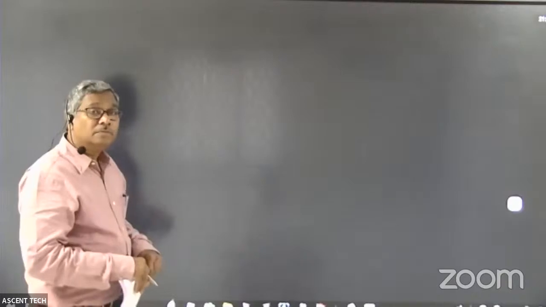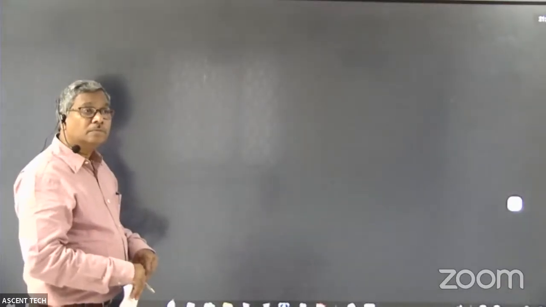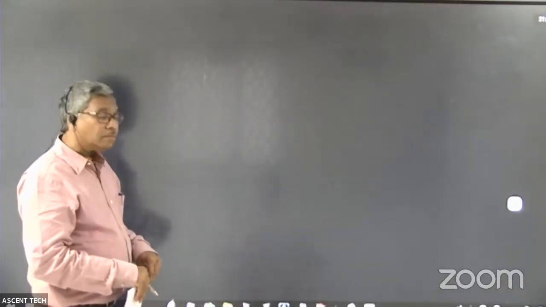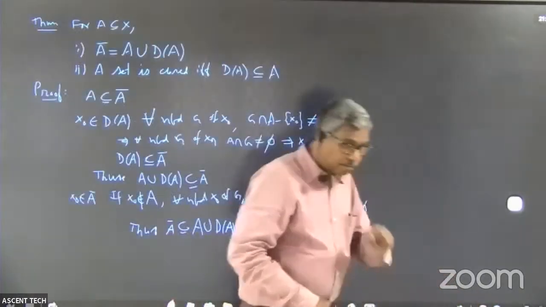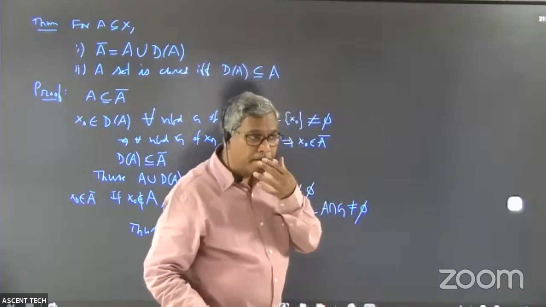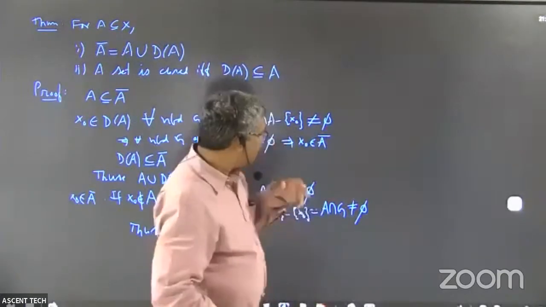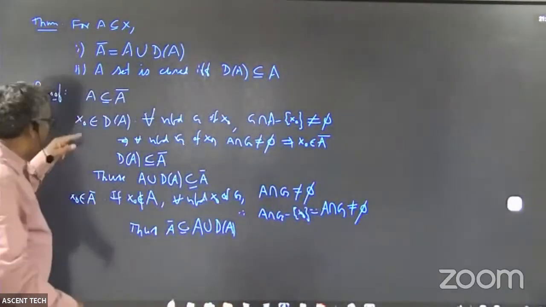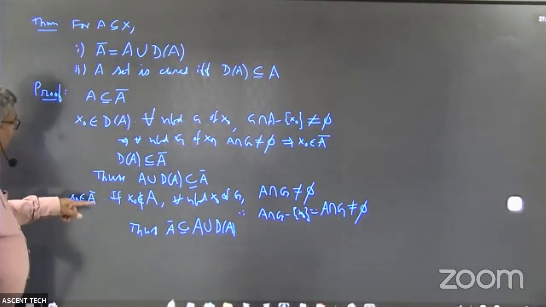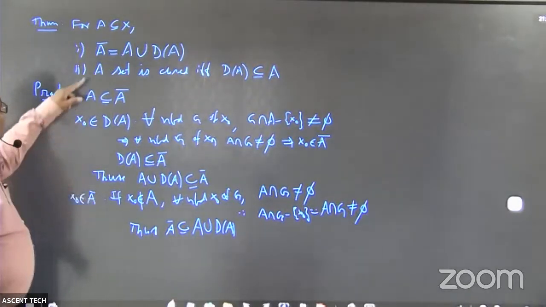So when we say that A set is closed, do you mean closed set or is it the same thing as in the previous slide? The second theorem, second part: a set A is closed if dA is a subset of A. Oh, yeah.